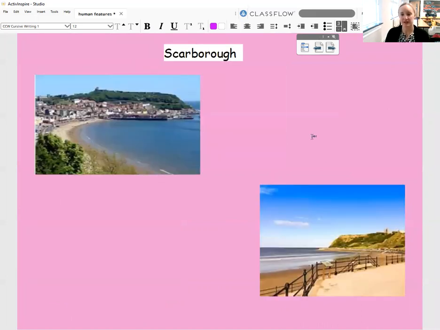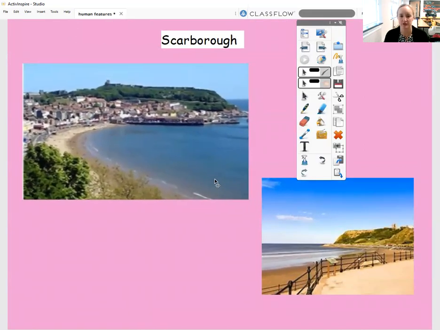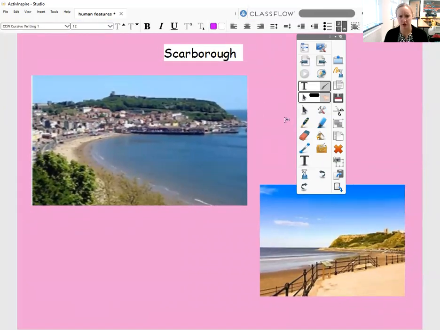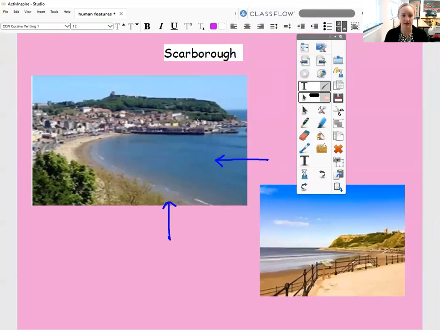So now let's have a little think about Scarborough. What has Scarborough got? Can you see any human features on this picture? I might have to blow up the one on the left so that you can see that one first, because I can see lots of physical features but not human features. For example, here I've got the sea, which is a physical feature, and the beach, which is a physical feature, but we're focusing on human features. So what else can we see over here?